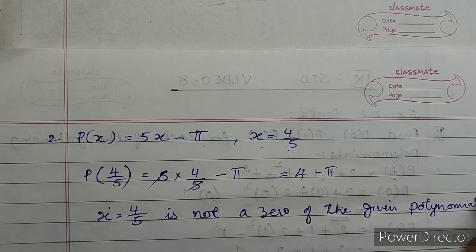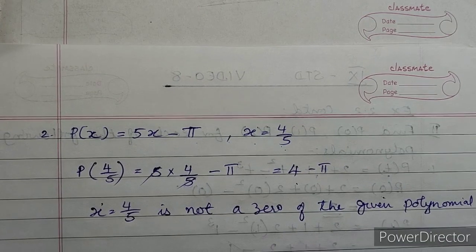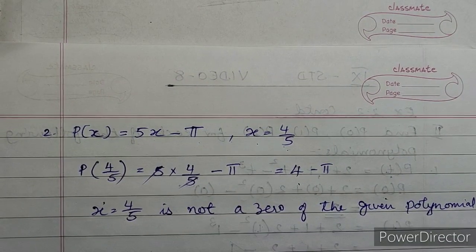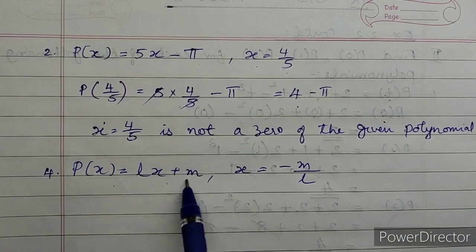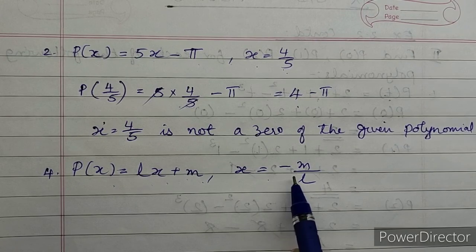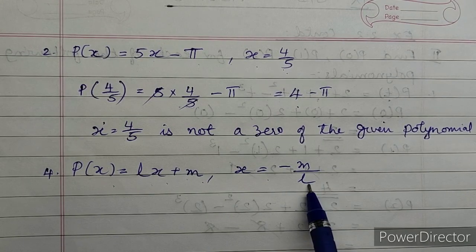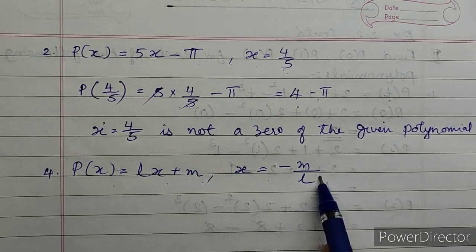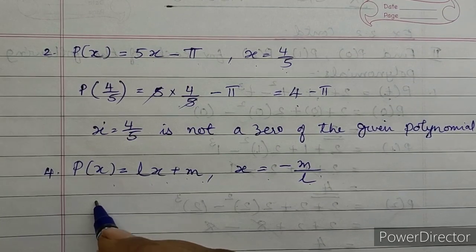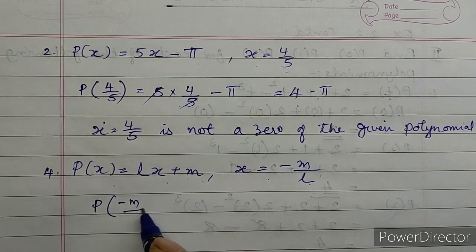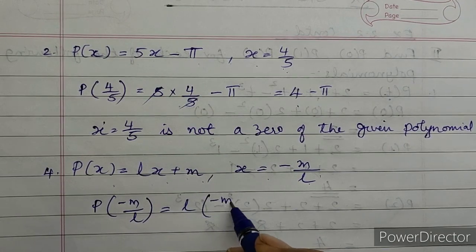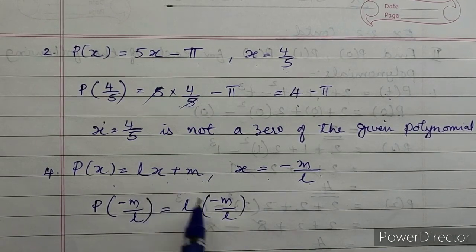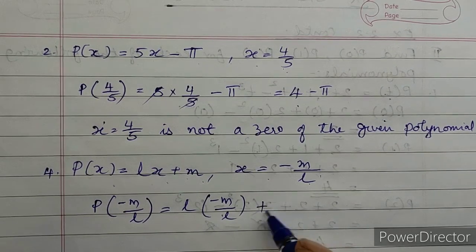So if you are getting 0, it is a 0 of the polynomial. If you are getting any other number, it is not a 0 of the polynomial. The next sum is p of x equals lx plus m, where x is equal to minus m by l. So you have to substitute minus m by l instead of x. So p of minus m by l equals l into minus m by l plus m.